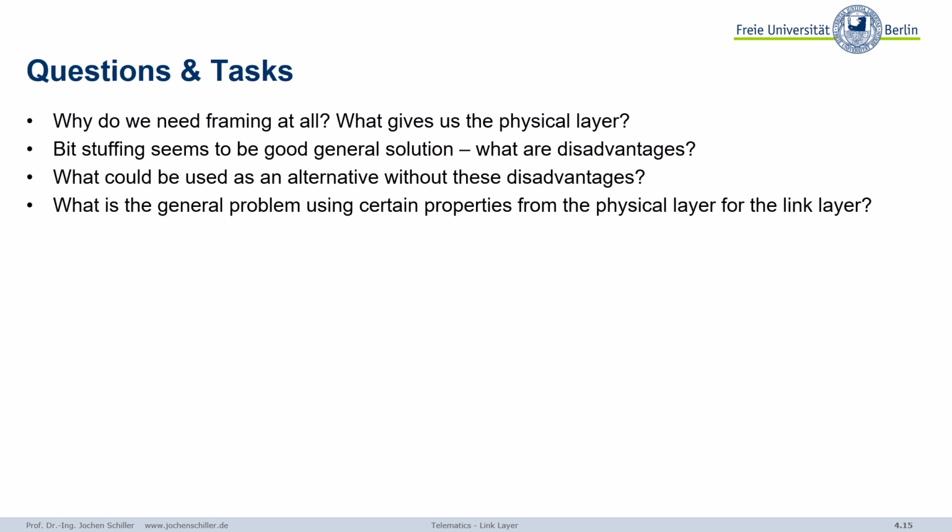We see bit stuffing is a very good general solution, but it also has some disadvantages. What kind of disadvantages? What could we use without these disadvantages, and what is the general problem if we use these technologies, for example, from the physical layer helping the link layer? You can do this, but there are certain drawbacks.